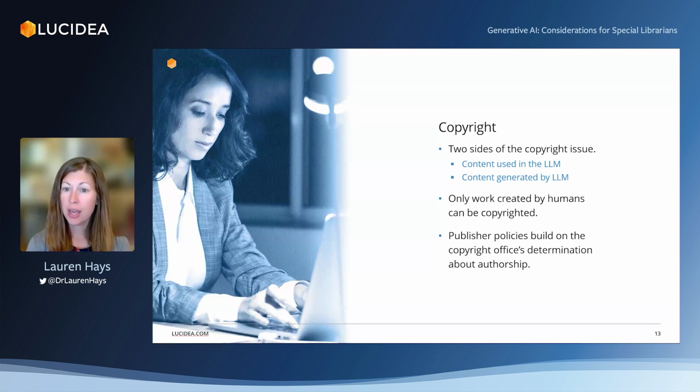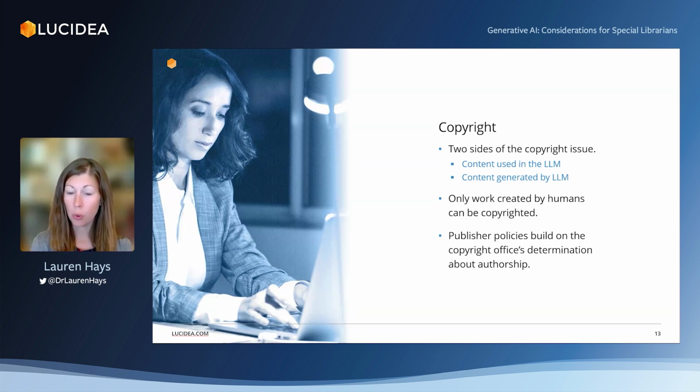So that is, if you're thinking about the issues with copyright, that is thinking about the content generated by generative AI or LLM, large language model. And that is kind of one of the key pieces when we're talking about generative AI, that only work created by humans can be copyrighted. But when you're looking at publishers, journal publishers, publishers of books, they build on the Copyright Office's determination about authorship.